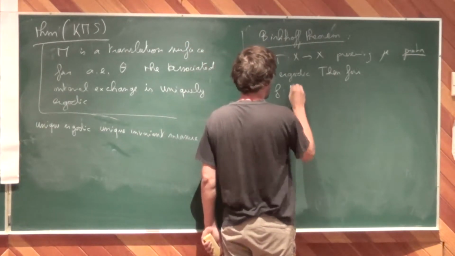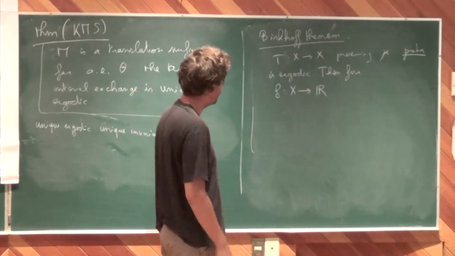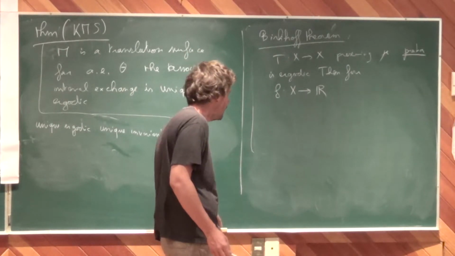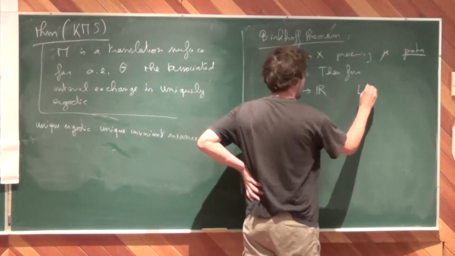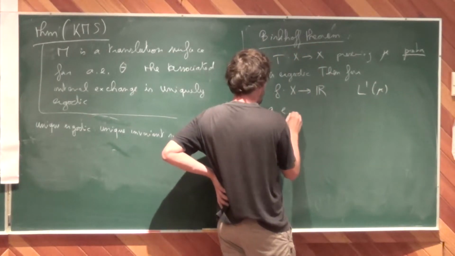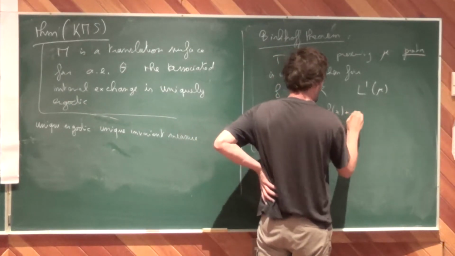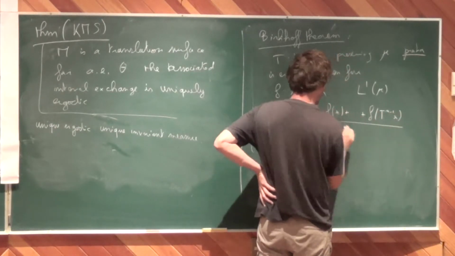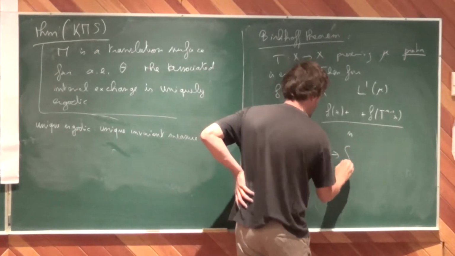If you pick a map f from X to R, so this is only the abelian case, but there is no general theorem for the non-abelian case except for Soledad's theorem. Then for f in L1, so integrable with respect to mu, for almost every x, if you look at the Birkhoff sum of your points and you average over n, as n tends to infinity, this will look like the integral of f.